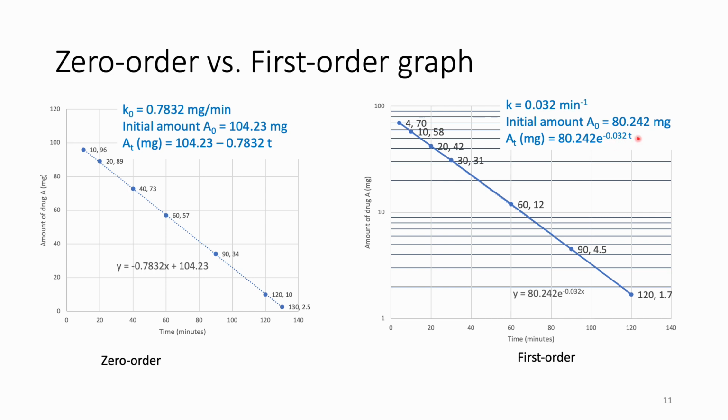For T, if you want any time point, you just plug in the number. For example, if you want to know the amount of drug in the plasma at time point 110 minutes, you put t equal to 110 and then do the algebra. Then you can calculate the amount of drug at 110 minutes.